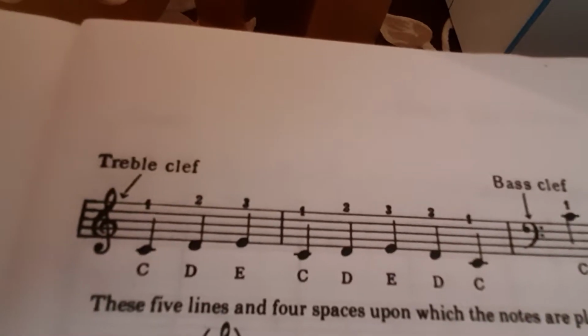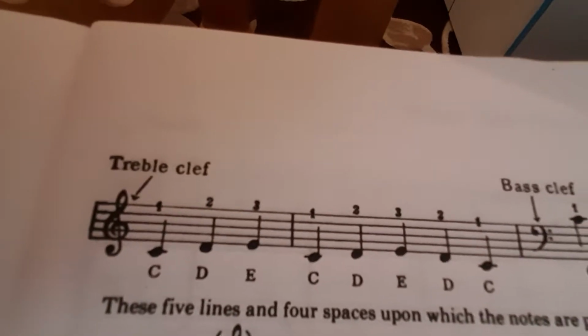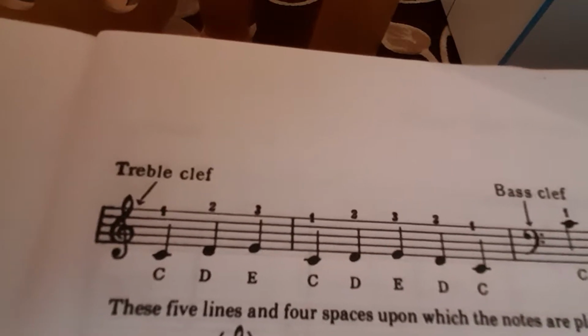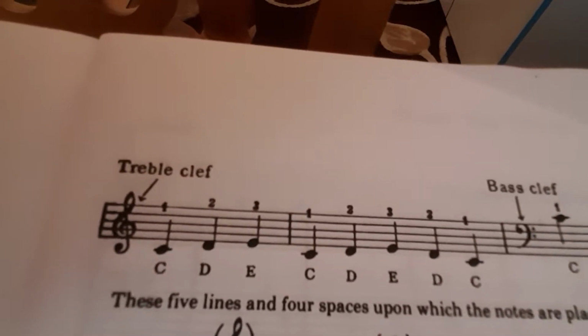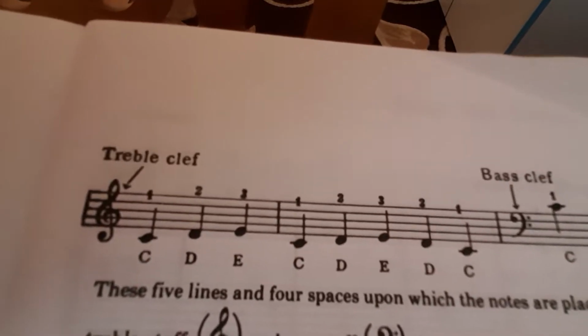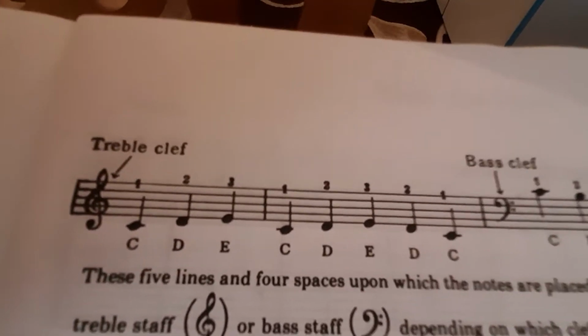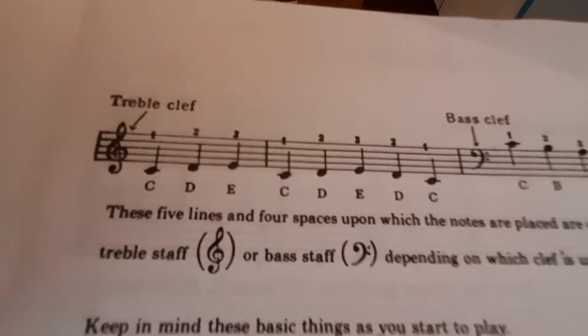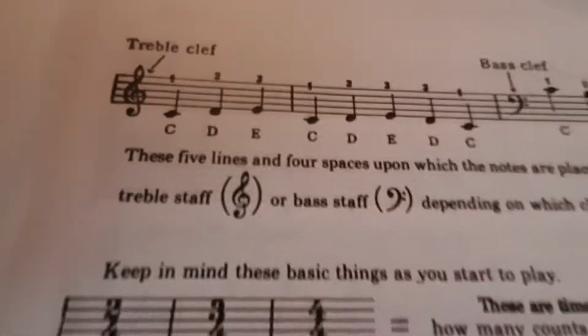In between that small line where you have C and the first long line at the upper part of it, there is what you call a space. That space is called D.